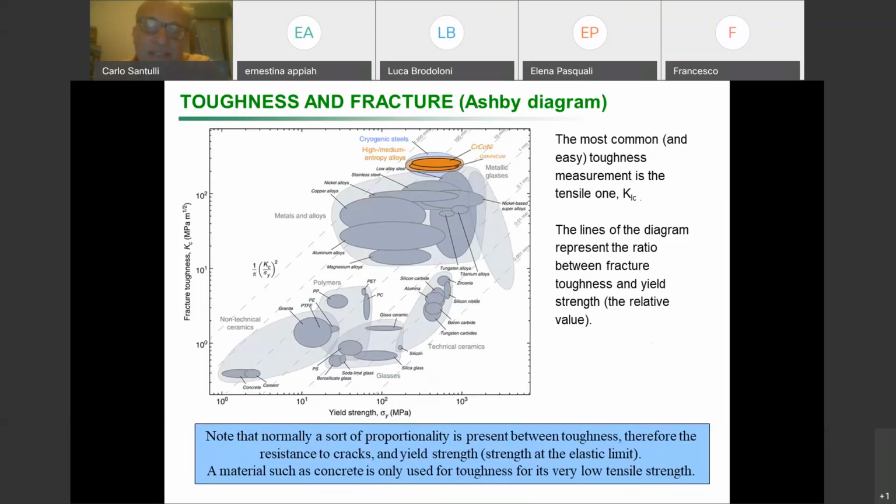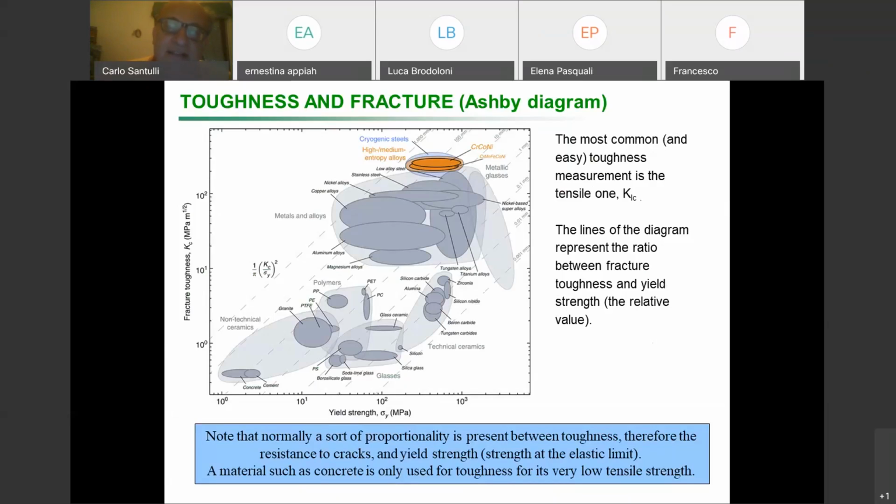So they are tougher than concrete, but with a stiffness which is a few orders of magnitude higher than concrete. These are, in particular, an example which I have chosen to give you an idea, since it's marked also here: cryogenic steels. What happens with cryogenic steels?